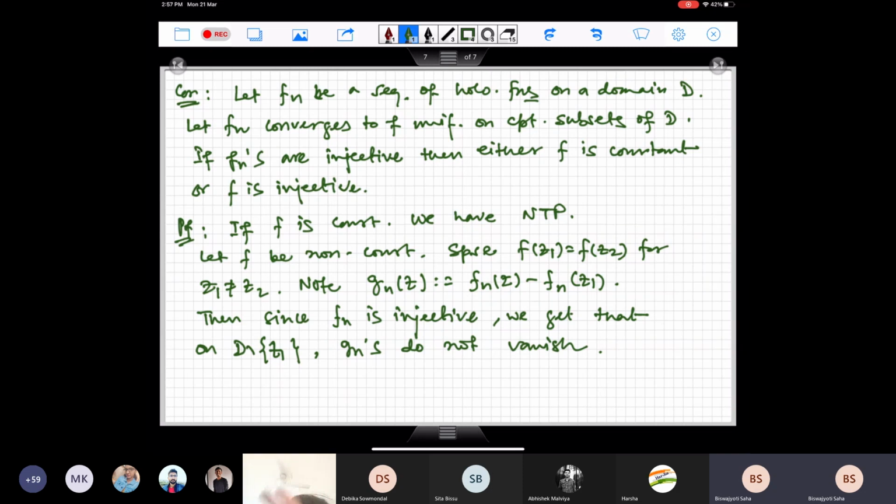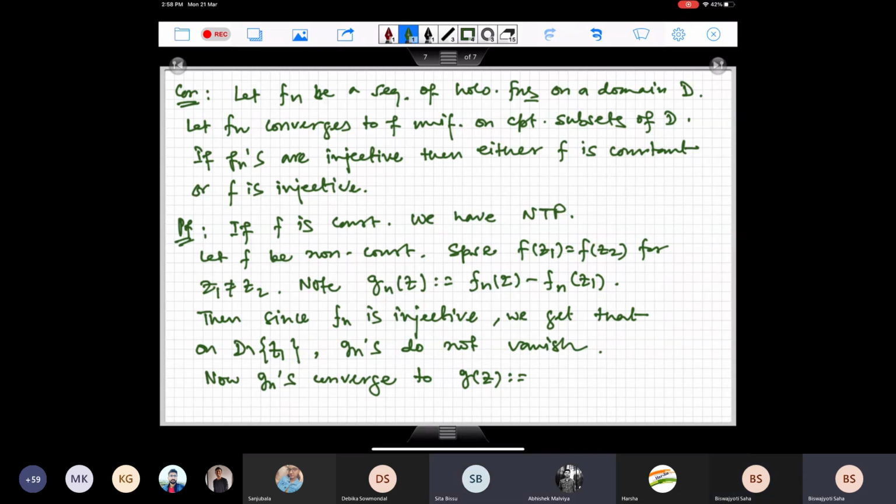Now, what about the convergence of gn? Because convergence of fn is uniform, gn's converge. Tell me, where does it converge to? What is the limit function g of z? f of z minus f of z1. Very good. So now gn's converge to g of z.